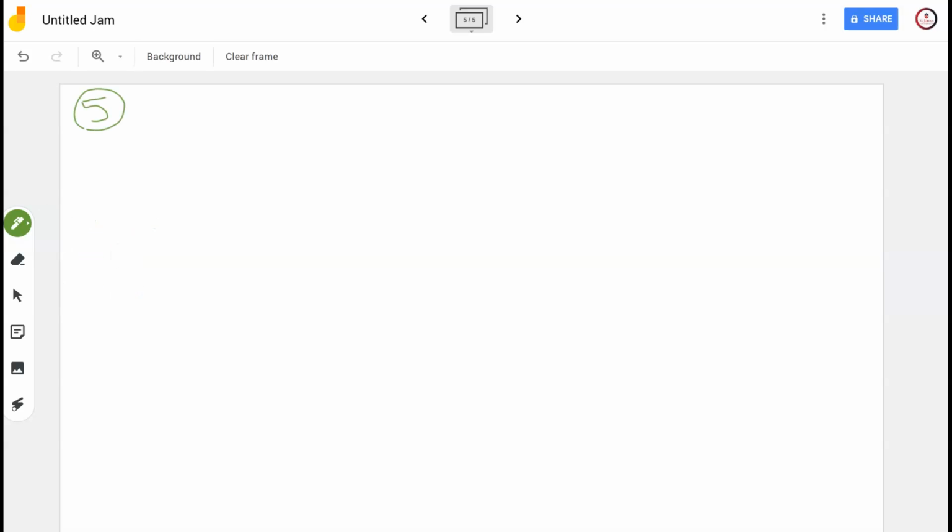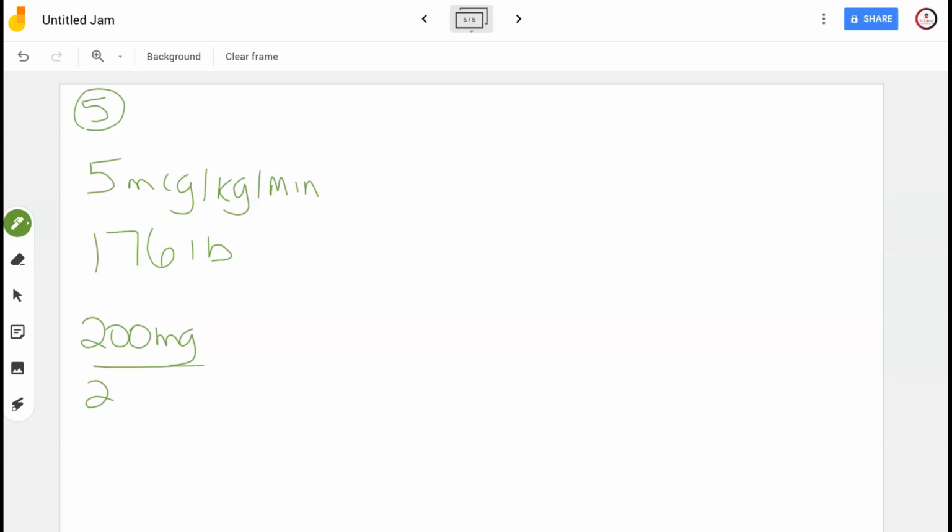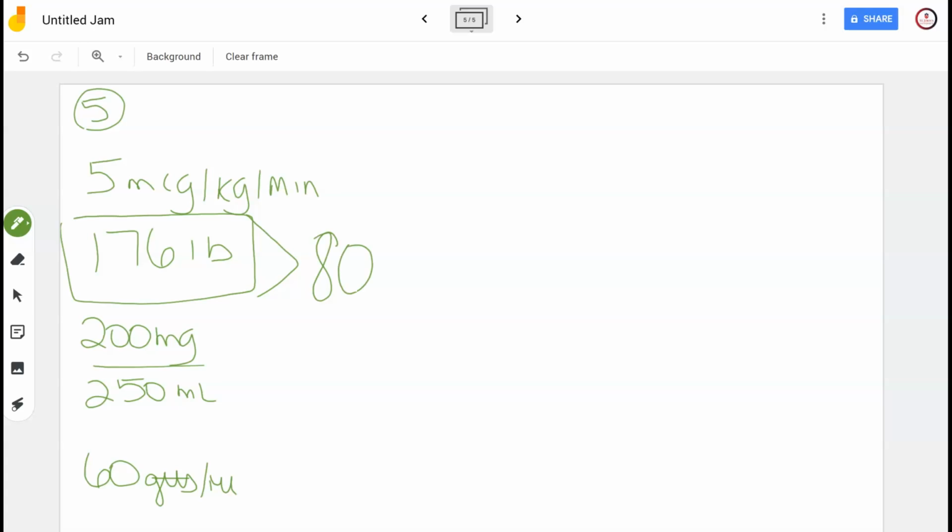Question number 5. What is the correct drip rate to administer 5 micrograms per kilo per minute to a 176-pound patient if you put 200 milligrams in a 250 milliliter bag and you use a micro drip? First thing you want to do is convert your weight, right? 176 pounds equals 80 kilograms.